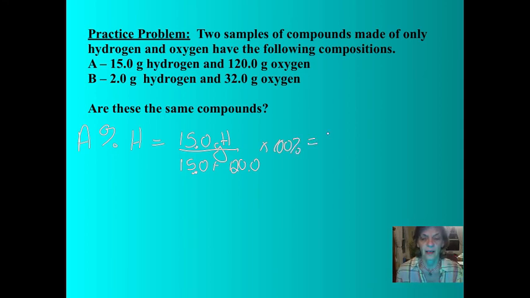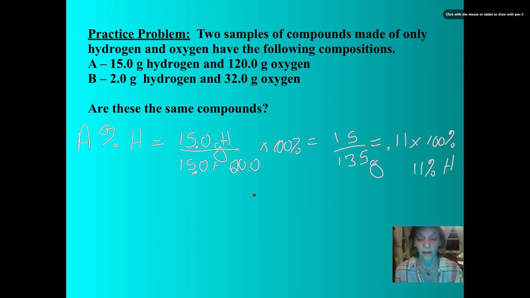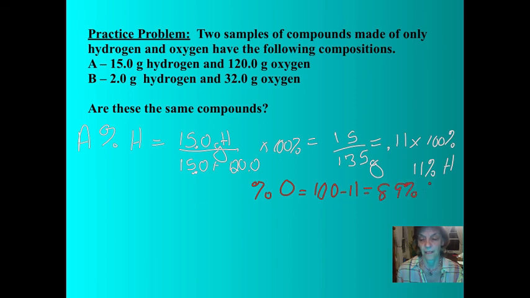So what is that? 15 divided by 135 grams gives you 0.11. If you multiply that times 100%, it gives you 11% hydrogen. And if you want to find your percent oxygen for that same compound, you could just easily do 100 minus 11, which is 89% oxygen.